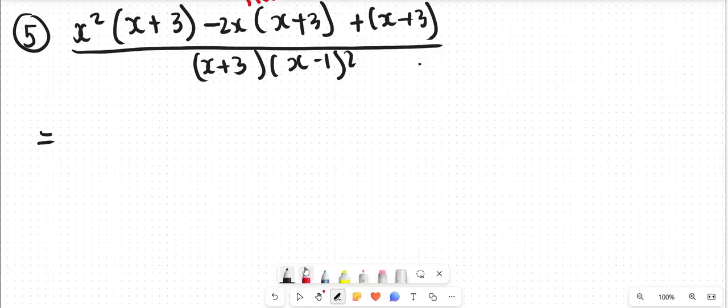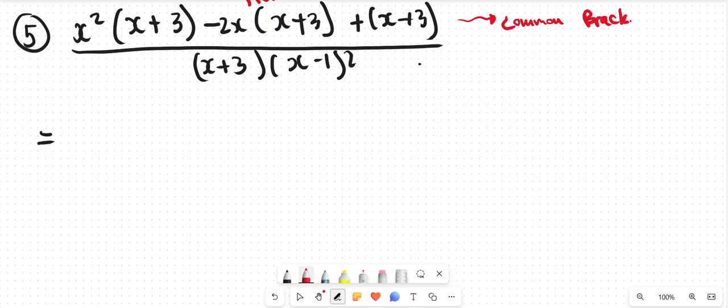So what do I notice at the top? The top, I can apply a common bracket factorization. So this is common bracket. At the bottom, there's no factorization that I can apply, but what I can do is this bracket is squared, so I'm gonna write it twice. Just going to write that bracket twice.